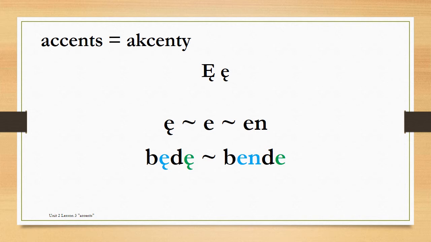And the way Polish people sometimes pronounce it is benden. So the correct one, będę, is sometimes pronounced będen. And also this might make it just a little bit easier for you to understand what the sound might be like before you learn to actually pronounce it correctly.